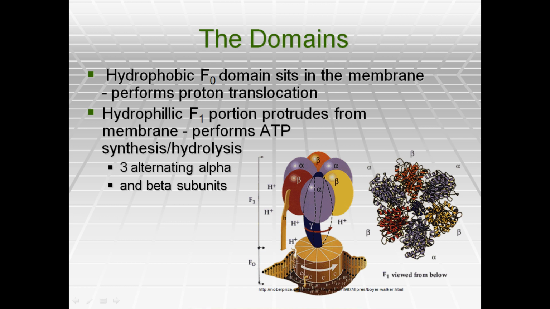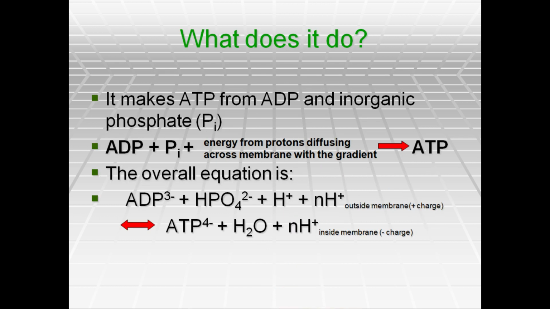The F1 domain is the hydrophilic domain, its portion protrudes from the membrane, and performs the ATP synthesis and hydrolysis, and it consists of the three alternating alpha and beta subunits as visible in the diagram.